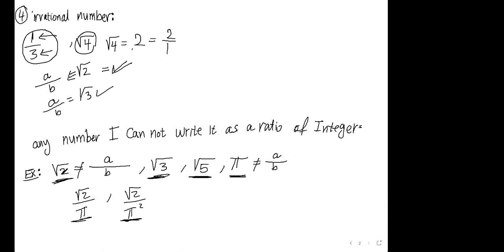Even though square root of 2 over pi looks like a fraction, this is not an integer, and pi is not an integer either. Pi is close to 3.14 something, and that is not an integer.